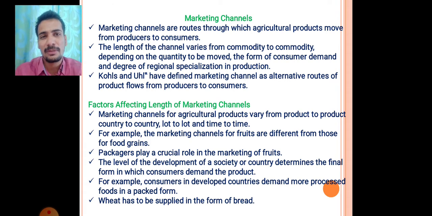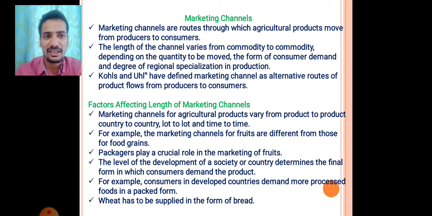Now there are some factors which affect the length of marketing channels. As we discussed, marketing channels vary from product to product, meaning these channels are different for different agricultural products. They are different for cereals, for pulses, for oilseed crops, for vegetables, and for fruit crops or flower crops.